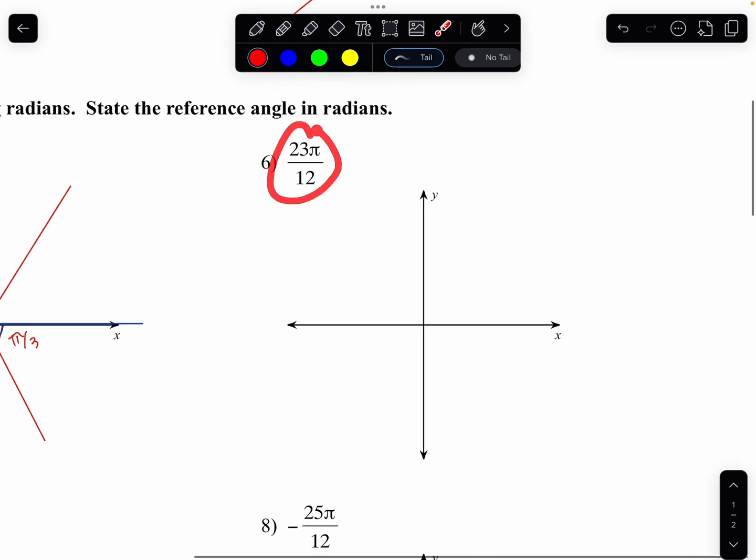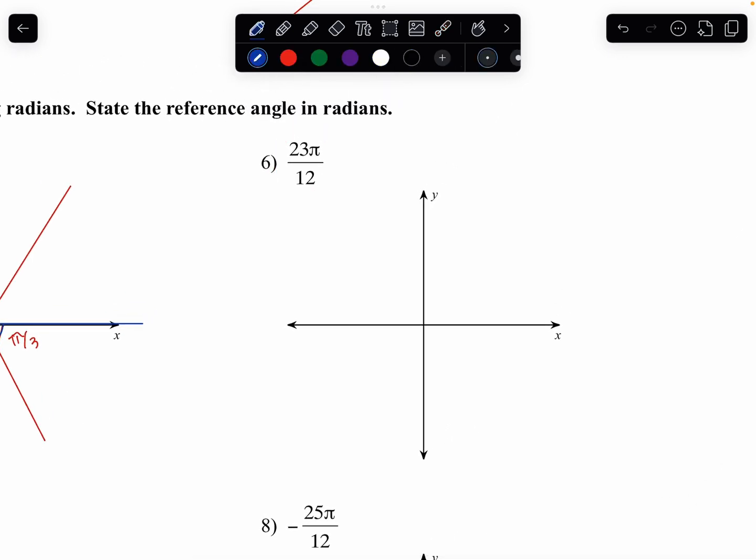For 23 pi over 12, same concept. I'm going to take a look right there and see pi twelfths, meaning that each half is going to have 12 parts. I'm splitting up the pi radians into 12, and I want 23. 24 pi over 12 would be a full rotation.